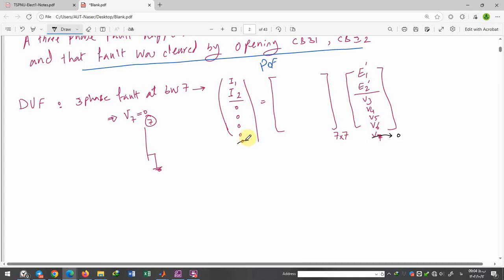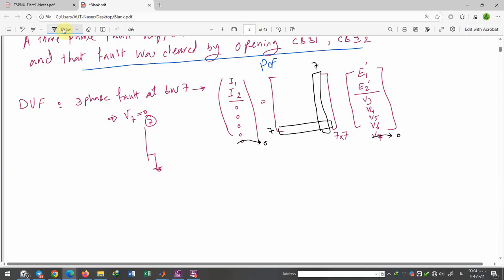The I7 is originally 0. So in the Y bus, it is not necessary to consider the row number 7 or the column number 7.